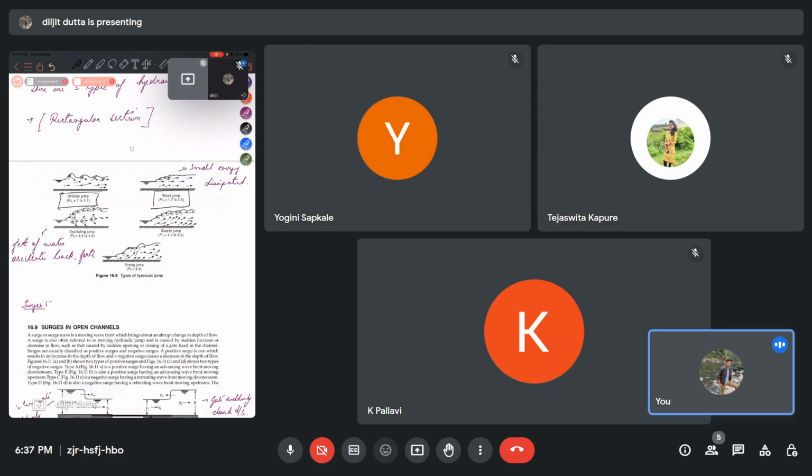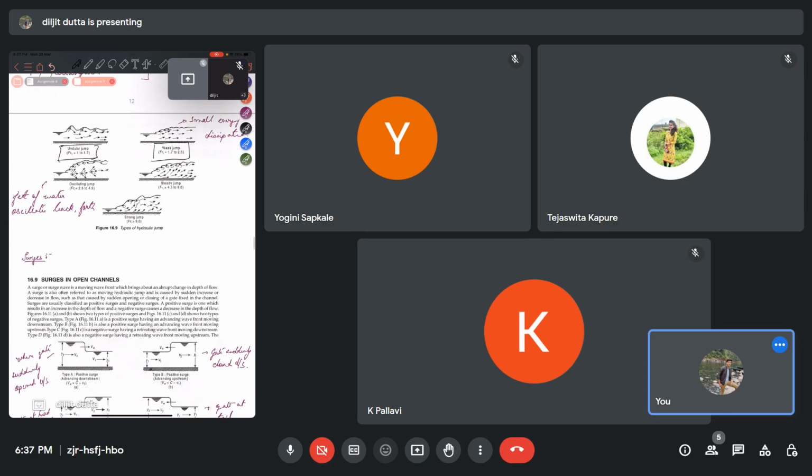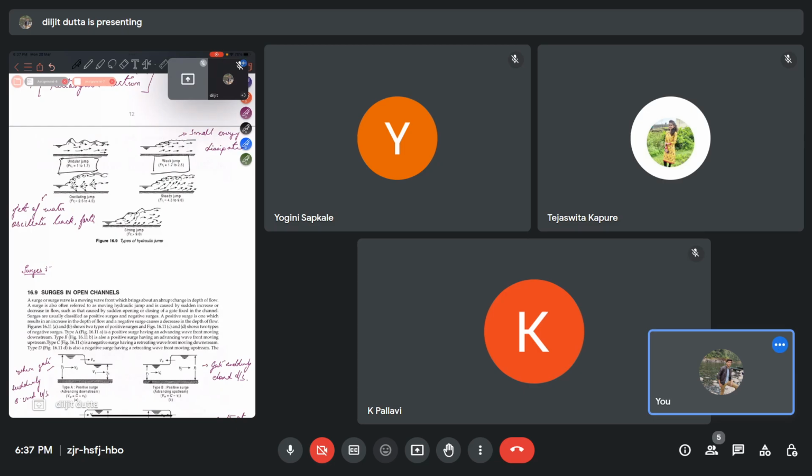Third is the oscillating jump. In that case, the jet of water in the hydraulic jump will be oscillating back and forth. This occurs when the Froude number is in the range of 2.5 to 4.5. The fourth one is a steady jump. This occurs when the Froude number is in the range of 4.5 to 9.